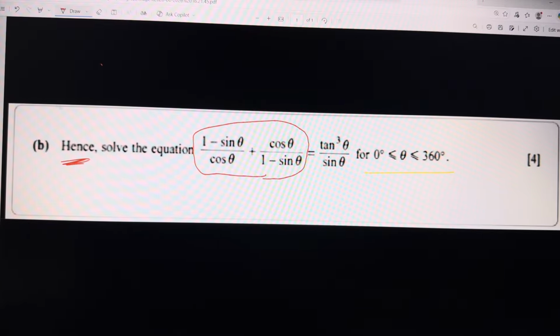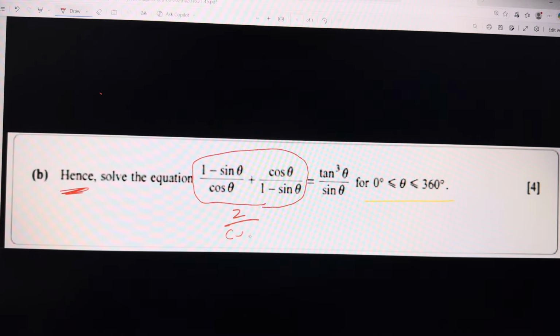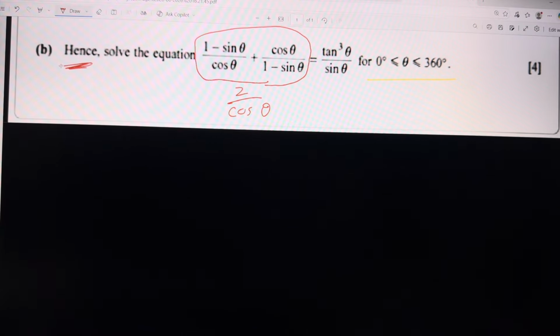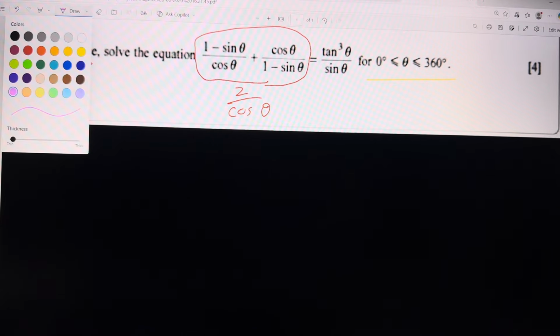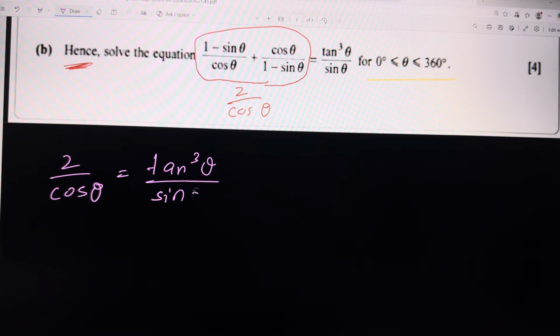If it uses this, we will use the other one, which is 2 upon cos theta. We will never use the one the question gives us. So in this case it's trying to say that 2 upon cos theta is equal to tan cube theta upon sine theta.